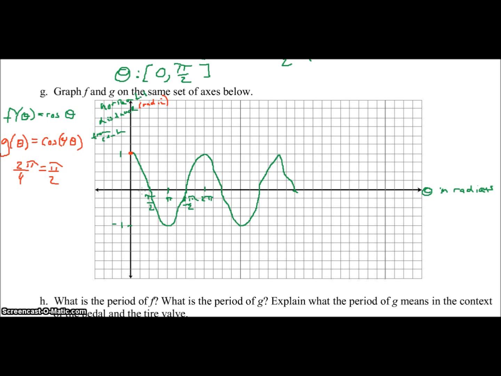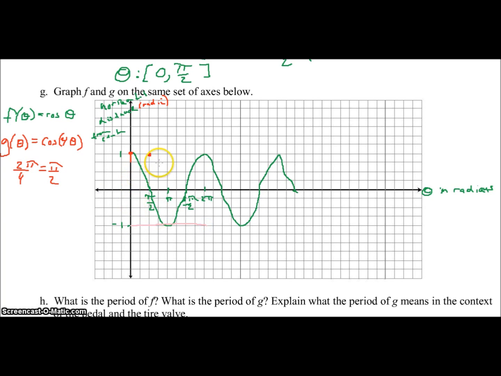This is going to be pretty crazy. I don't even think I'm going to be able to graph this, but it's going to go down here, come up. No, I can't do it. We're going to have to wind up back where we started at pi over 2. So notice that this was a full period, this distance here, from here to here.